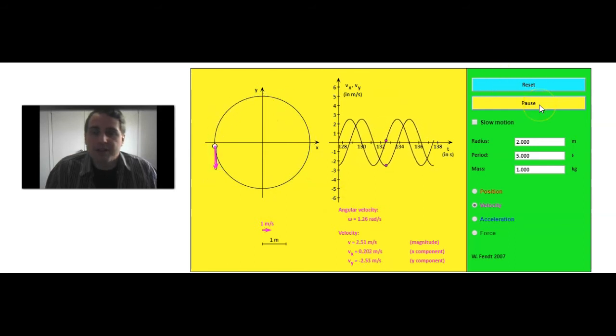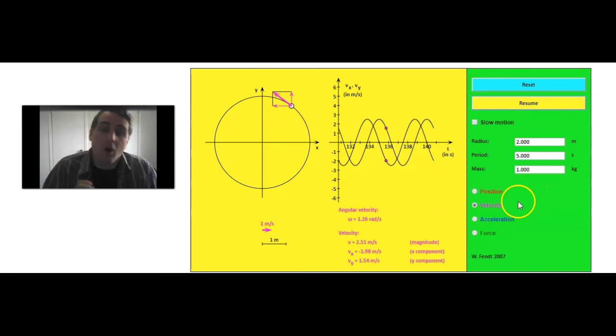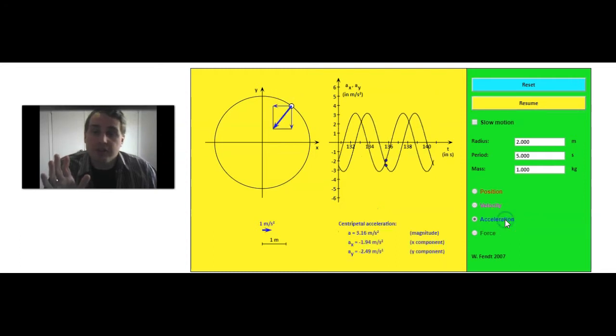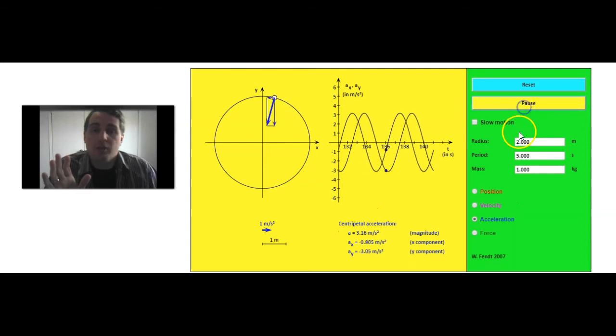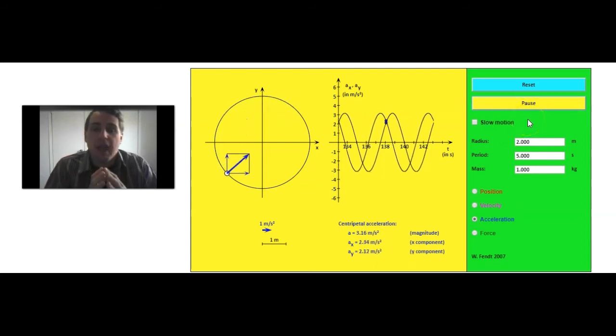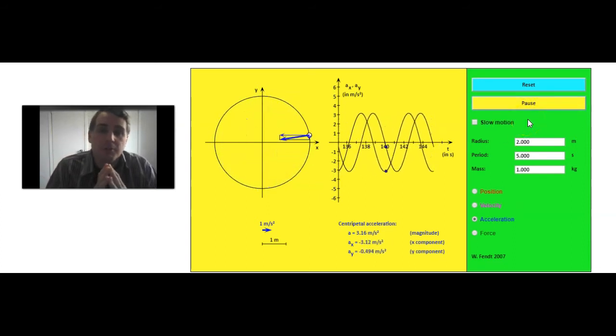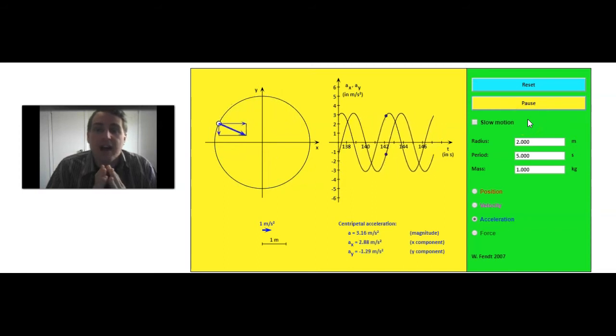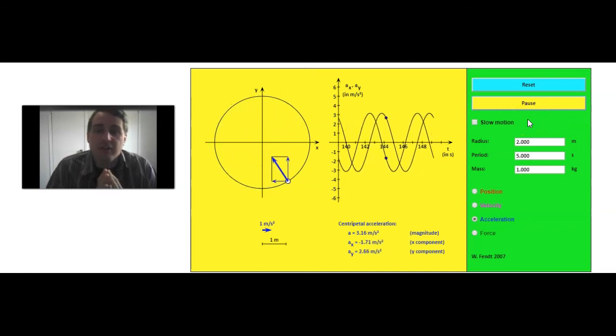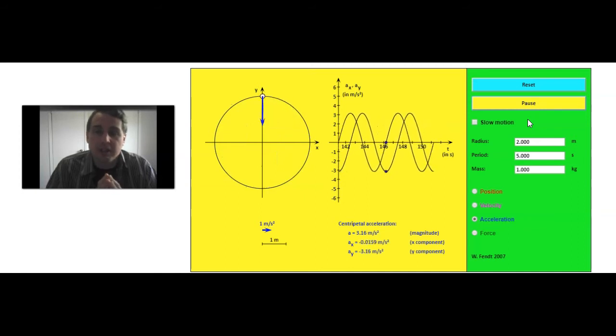How about if I pause again and ask what is the direction of the acceleration? Hopefully you had a chance to pause and think about that. It should be directed towards the center of the circle. In other words, we give this a term, and as long as it's uniform circular motion only, the entire acceleration vector is centripetal acceleration.